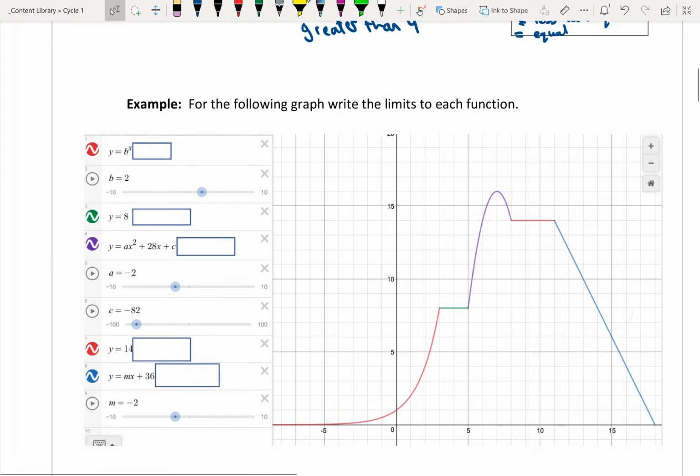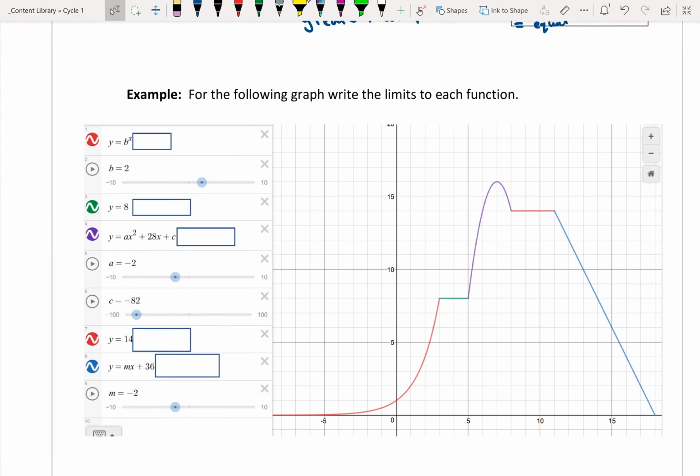So, for example, if we want to look at the following graphs, we see a bunch of different functions, and we want to write the limits for each function. If I look at the equation in red, right here, just tracing over it so we can see it a little bit better, we want to add the restrictions, because normally this function would keep on going up like this.